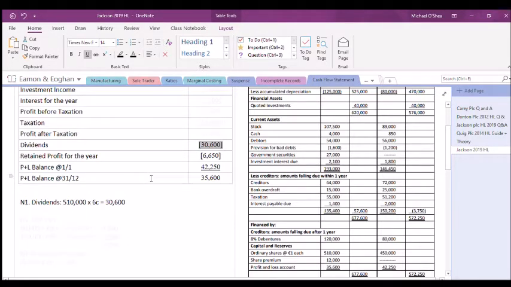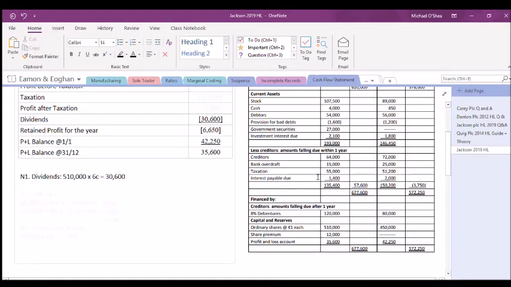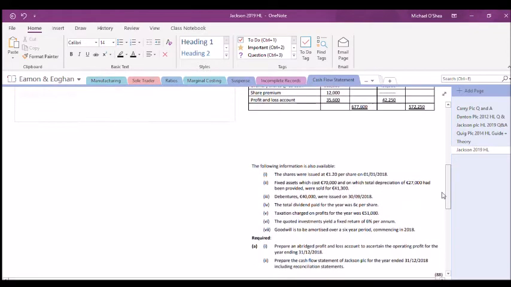I'm just going to fill in tax, interest and investment before we look at the subtotals. So tax, I'm given information here on tax in the balance sheet for the beginning of the year and the end of the year. But if I look towards the bottom, they actually tell us what our tax was for the year. Tax charged on profits for the year was 51,000.